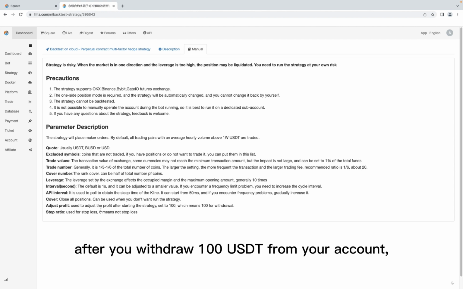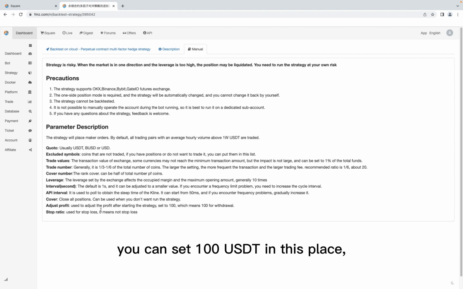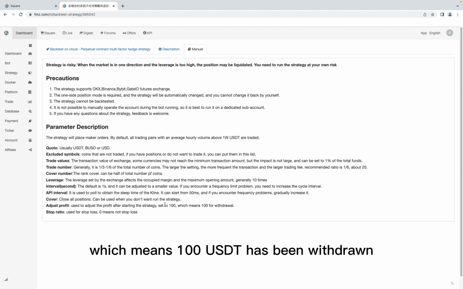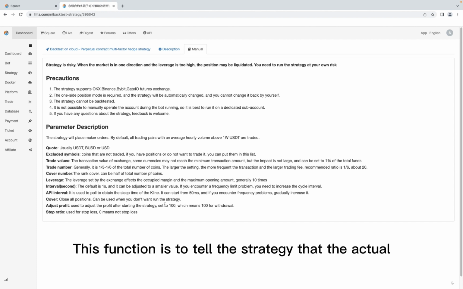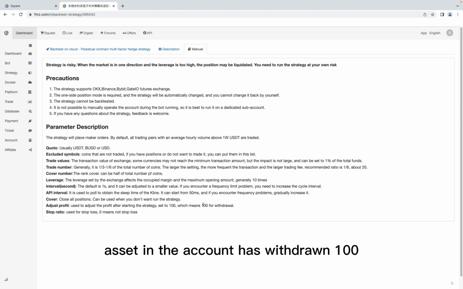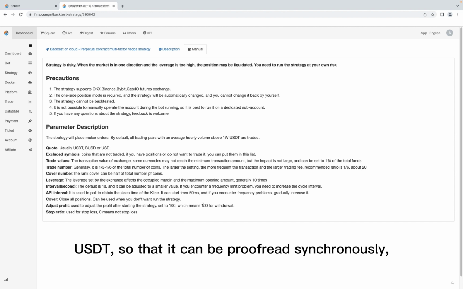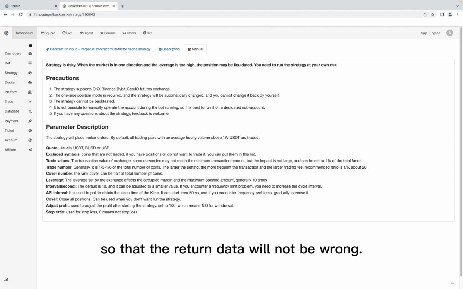After you withdraw 100 USDT from your account, you can set 100 USDT in this place, which means 100 USDT has been withdrawn by the strategy. This function is to tell the strategy that the actual asset in the account has withdrawn 100 USDT, so that it can be proofread synchronously, so that the return data will not be wrong.